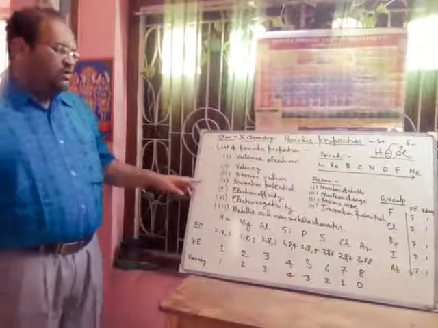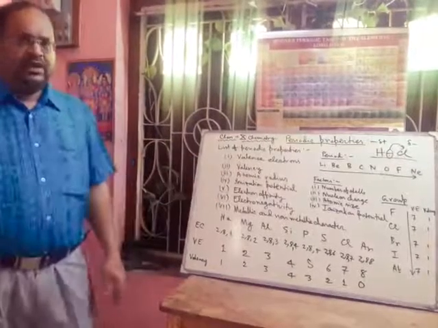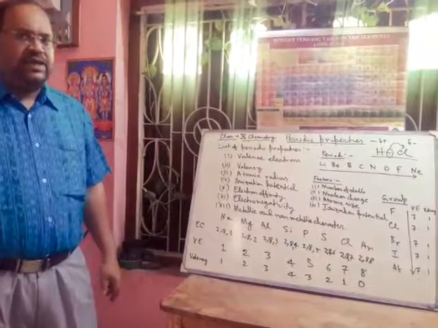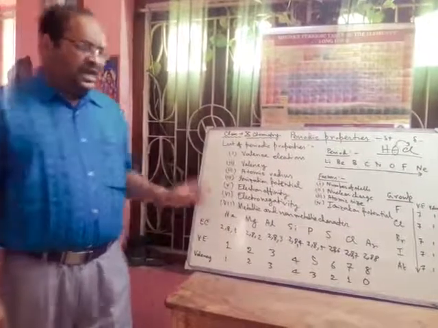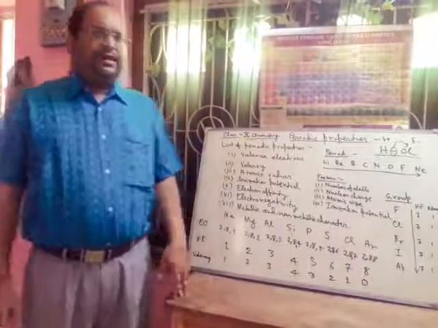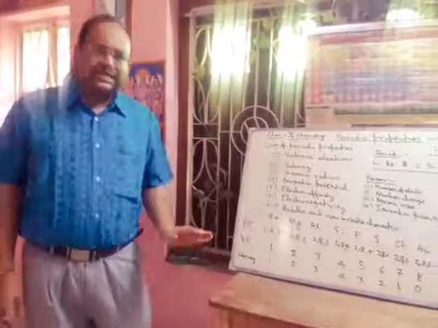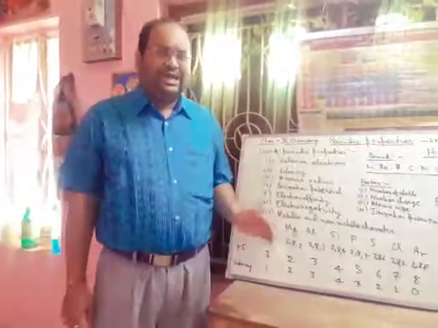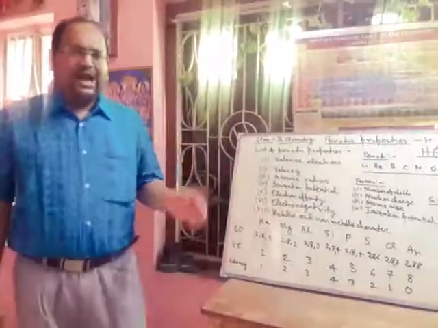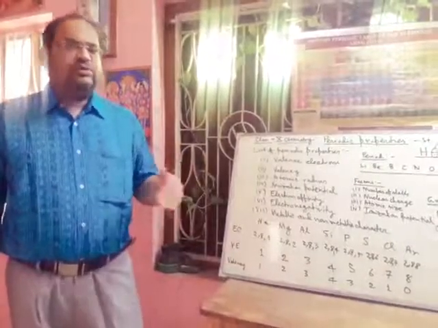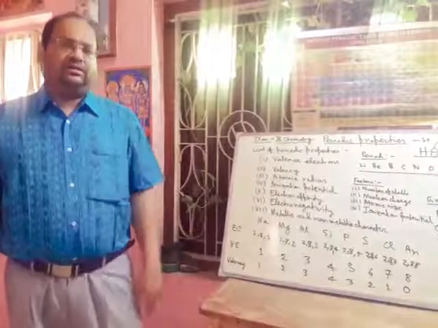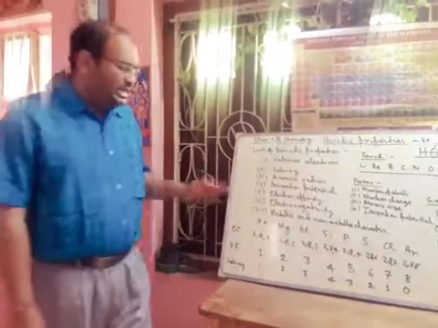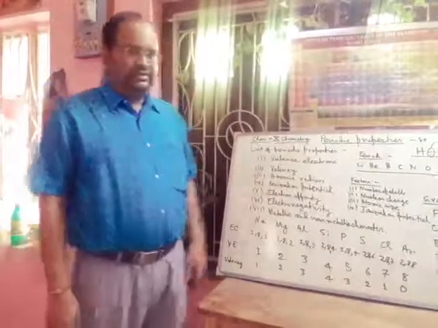Next we will go for electron affinity. First of all, what is the definition of electron affinity? Electron affinity is the amount of energy released when one electron is added to an atom in its isolated gaseous state to form an anion, and that is called electron affinity.